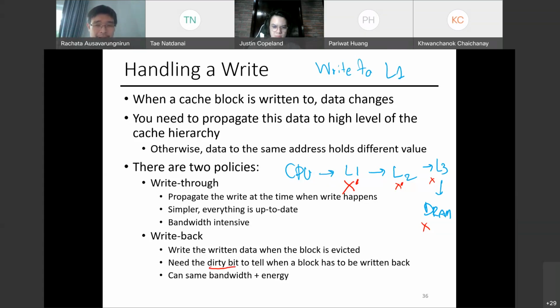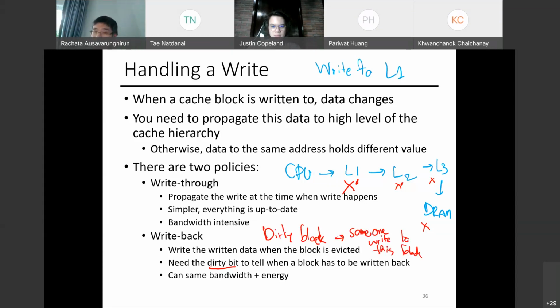So if the block is dirty, what do you have to do? If you are replacing a dirty cache block, what do you have to do? A dirty block means that someone wrote to this block, right?